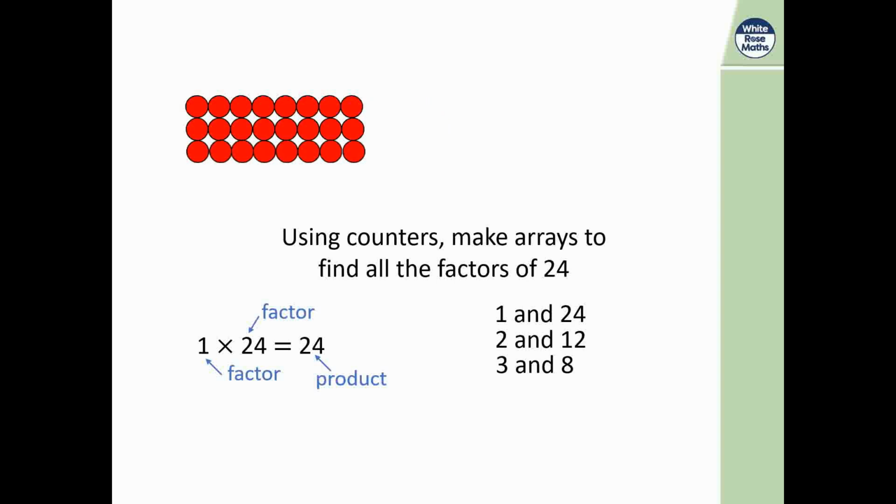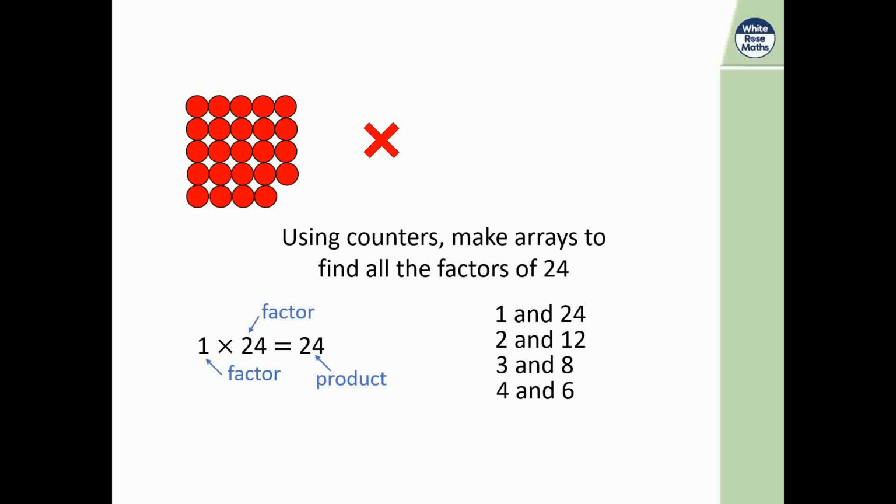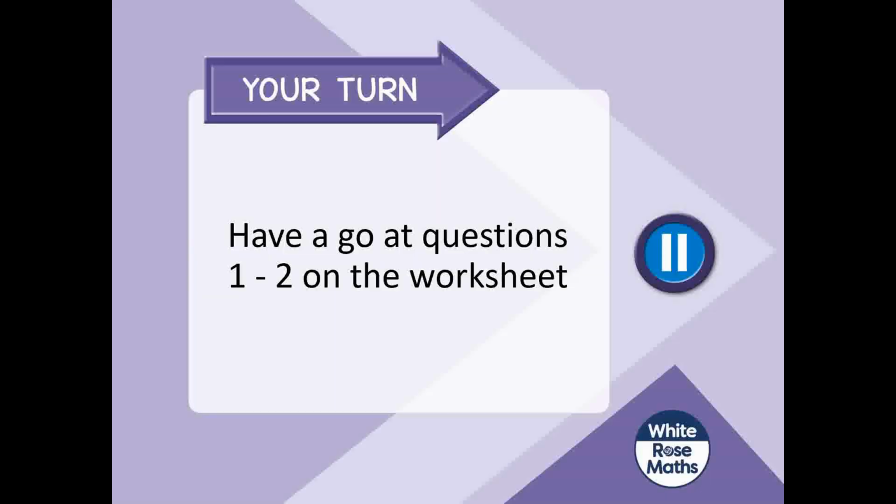Now they're doing 3 and 8. 4 and 6. 5, no, doesn't work. Okay, so you can't have 5 times whatever. But you can have 6, but we've already done that. We've done 4 times 6, so 6 times 4. So these are all the numbers that are factors.